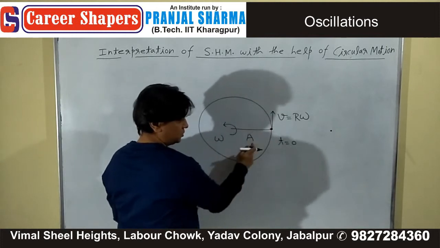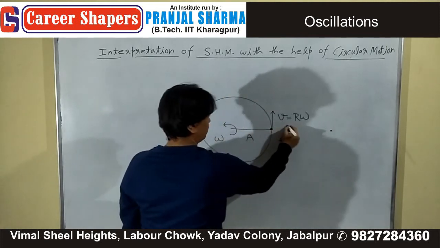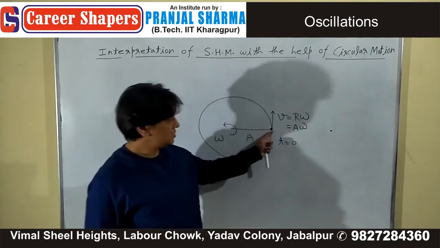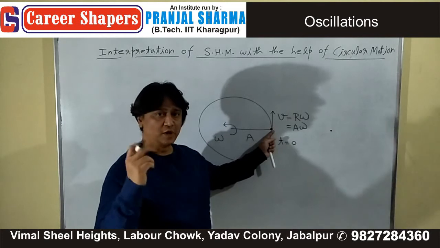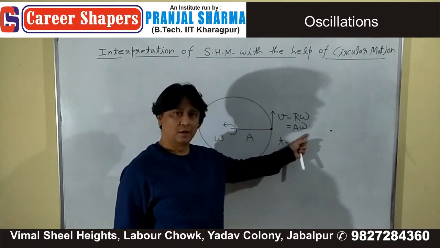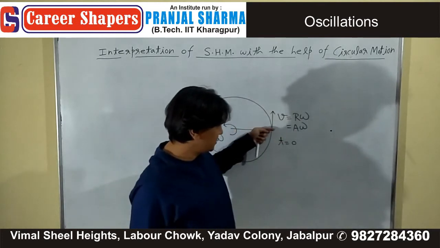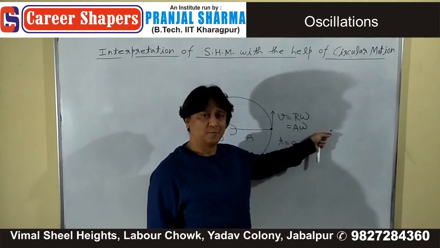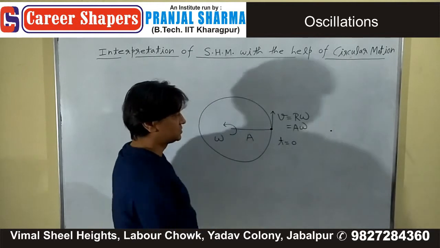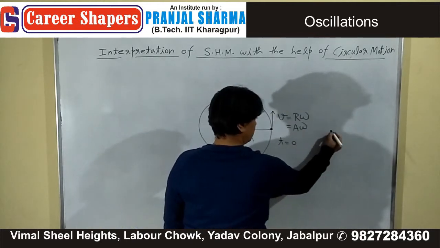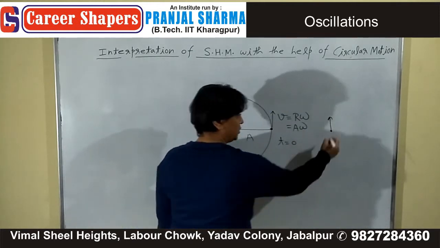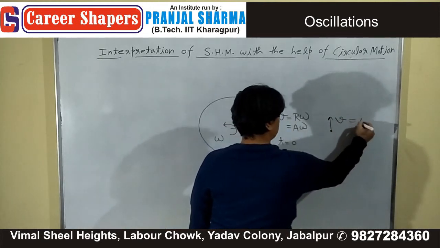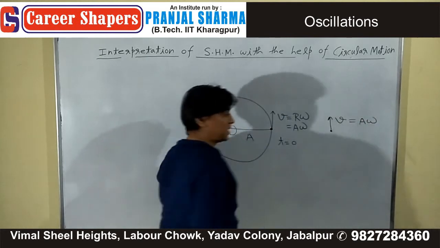This length, which is A. And therefore, tip of the rod is moving with A omega. But this same tip corresponds to the tip of the shadow, which means this shadow is also going up with same velocity of v, and this v is A omega.